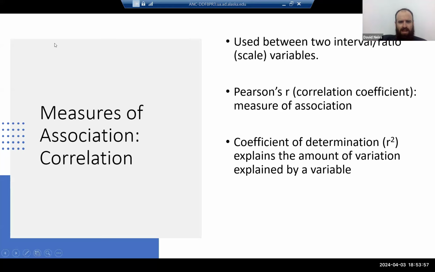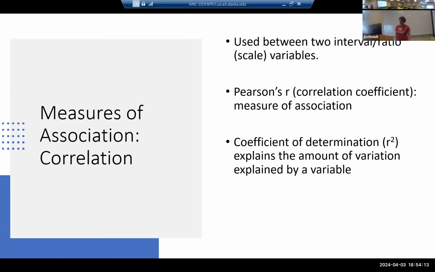Can you say that again? If you have a Pearson's R of what number, just in terms of the raw value? Like 0.04, so you multiply it by 100. Okay, so it's just a raw percentage.